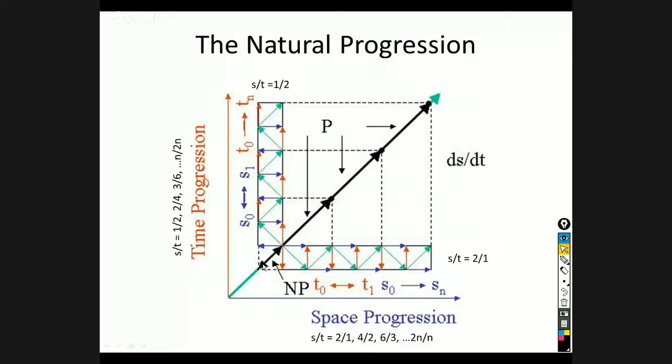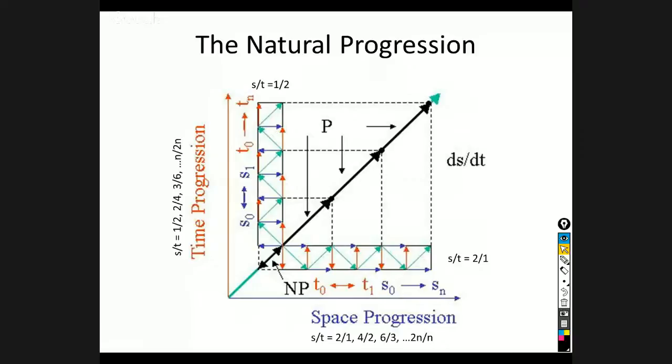Then 1 unit of space for 1 unit of time would give us the square root of that. And so 1 squared plus 1 squared is 2, and the square root of 2 is the result. So what we end up with here is the progression that we can plot in terms of velocity. And that's part of our assumption that space is progressing in our natural system as time progresses.